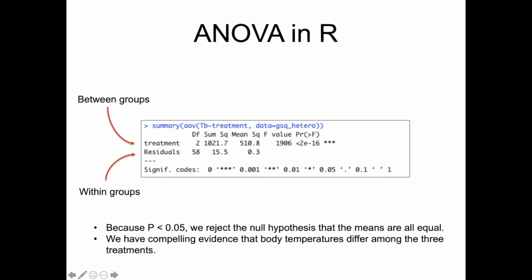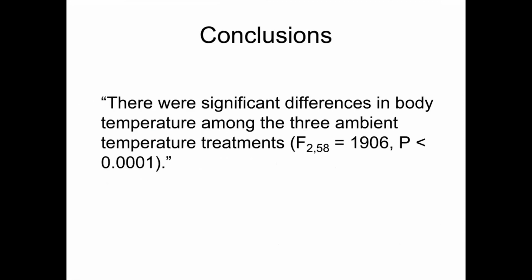So because p is less than 0.05, we reject the null hypothesis that the population means are all equal to one another, and instead conclude that we have compelling evidence that body temperatures of ground squirrels differ among these three experimental treatments.